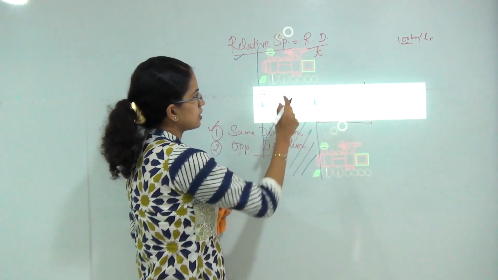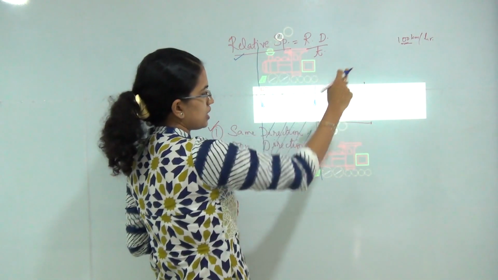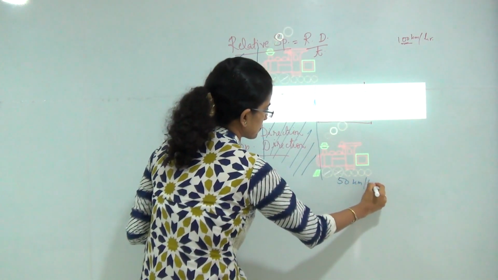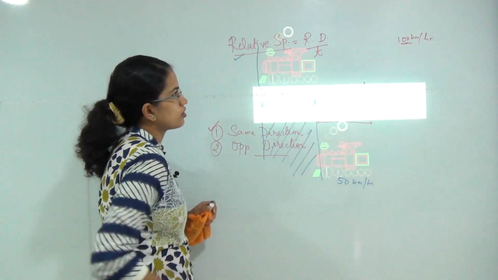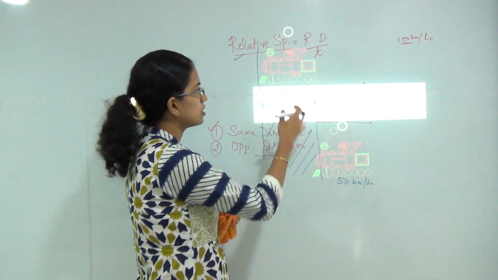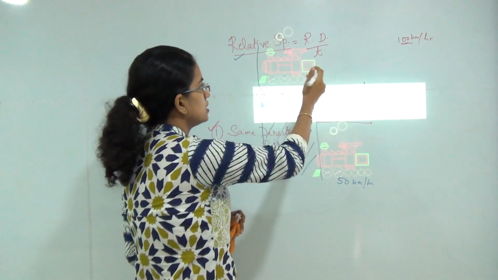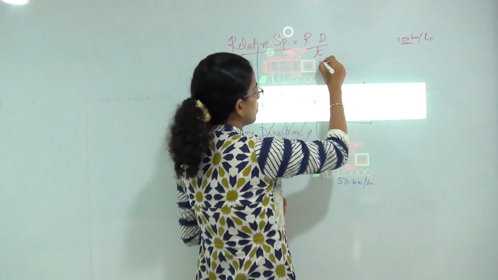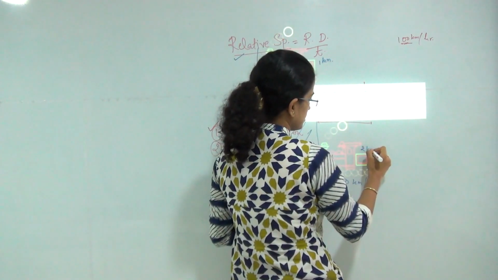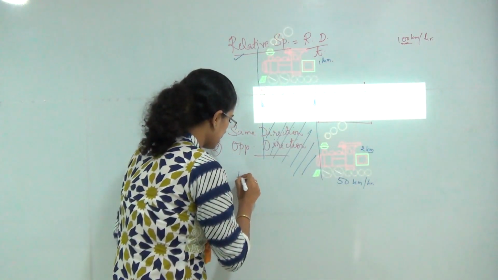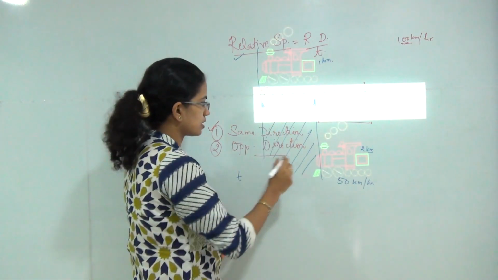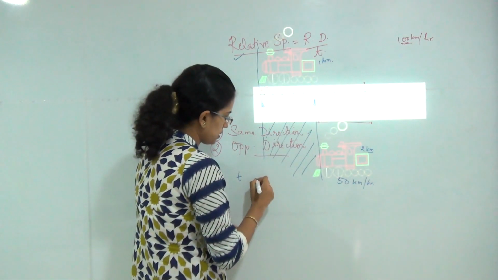If I have the speed of the first train as 100 and the speed of the second train as 50 km per hour, and I have the lengths of the trains, say this train has a length of 1 kilometer and this train has a length of 2 kilometers, I can say the time taken for the faster train to cross the slower train is as follows.